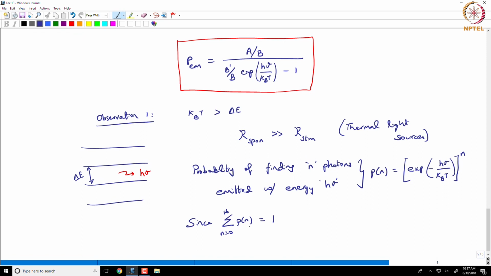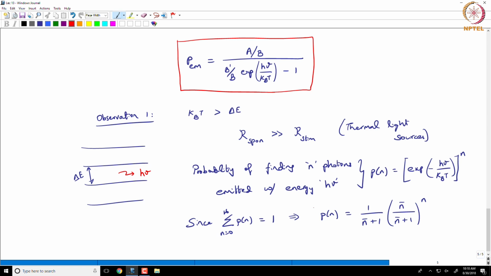Since the sum of all these probabilities will have to be equal to 1, under this condition you have an expression for P of n, which can be derived as 1 over n bar plus 1, n bar over n bar plus 1 to the power of n.